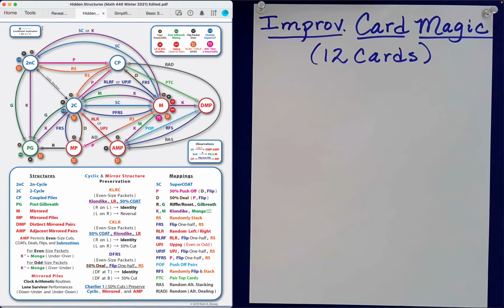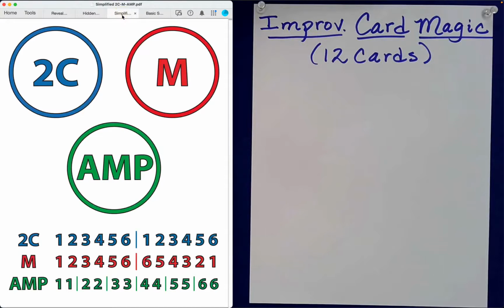Now I've drawn a simplified version of this diagram so that we can focus on just those 3 structure types. And these are the core structure types in all that I do on this channel, okay? So the over 500 videos I have created thus far, a vast majority of them will involve either a 2-cycle structure, a mirrored structure, or an AMP structure, okay?